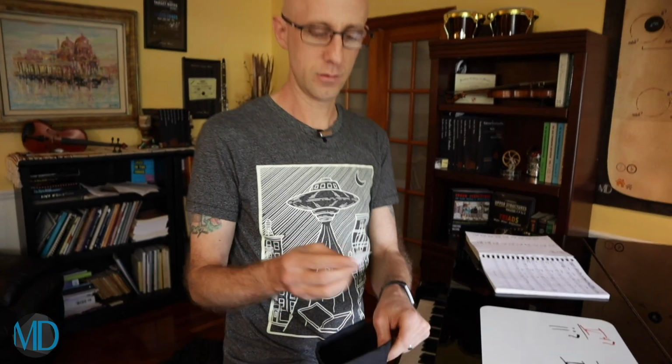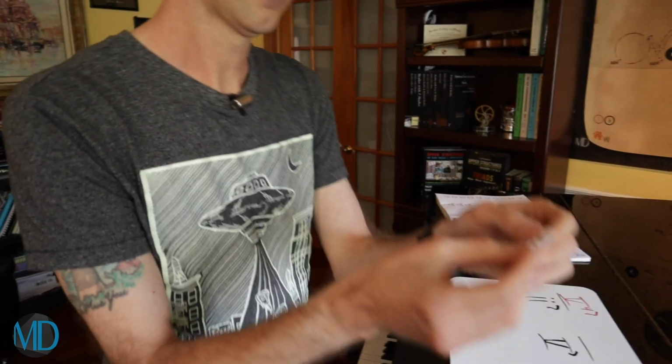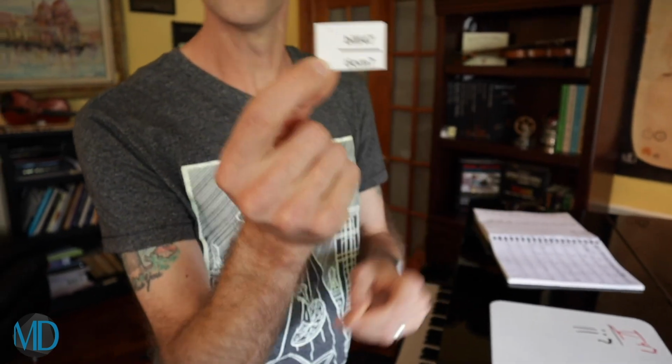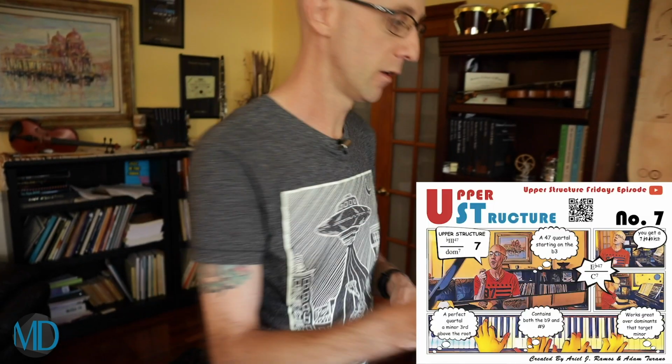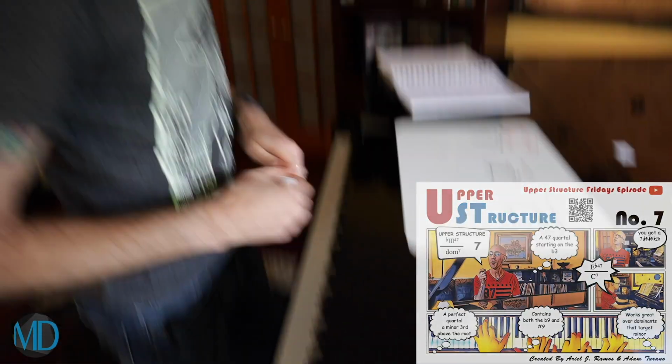Next, let's go to the dominant grab bag here and see if we can get something for our 5 chord. And I have this, a flat 3-4-7 over dominant 7 from episode 7. We're gonna plug that in here.